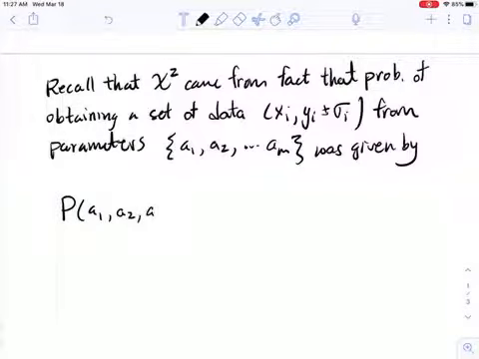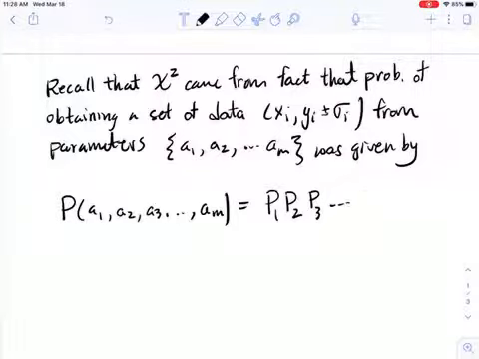So this is a function that depends on the values of the parameters, and it was the probability of measuring a result y1 when x is x1 times the probability of measuring y2 when x is x2, and so on for all the points.